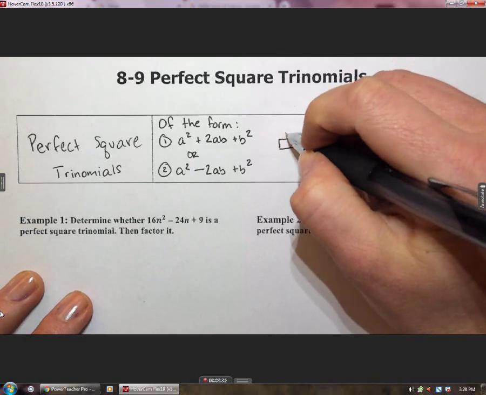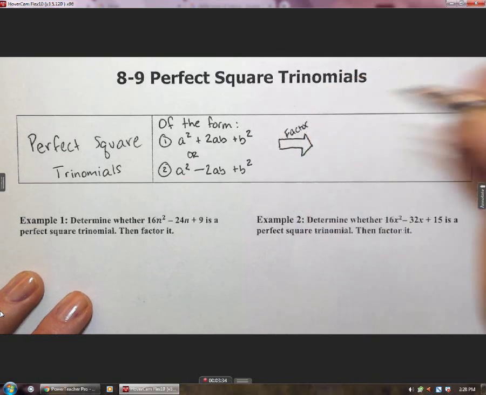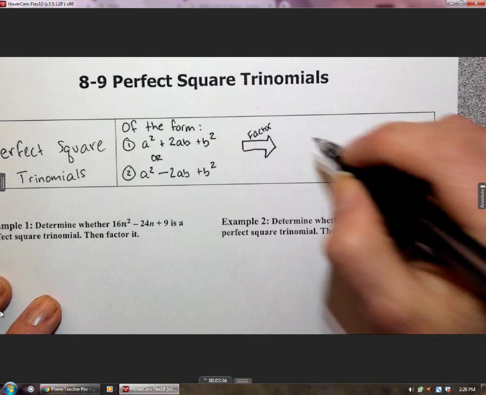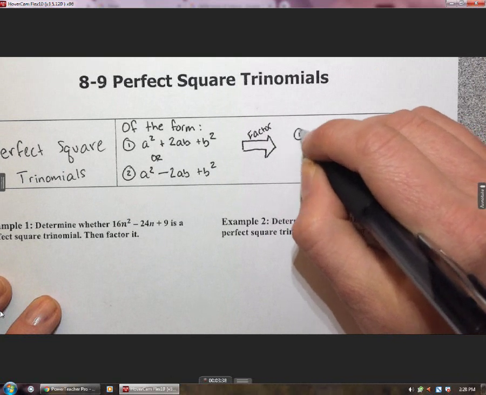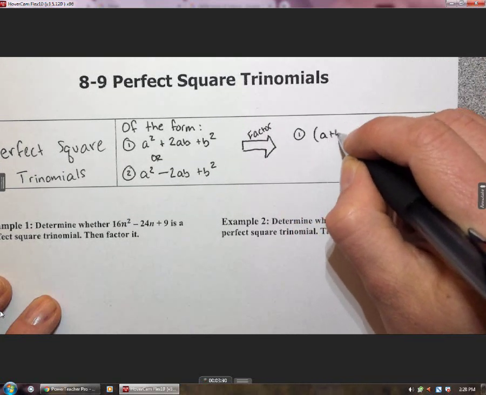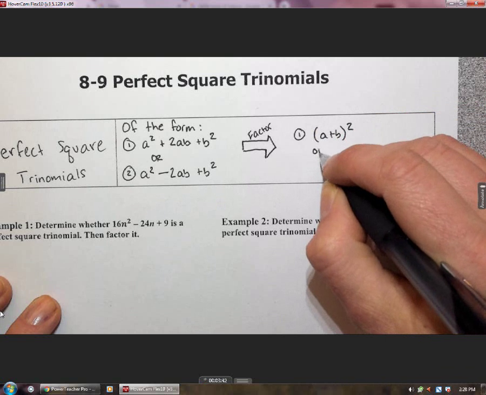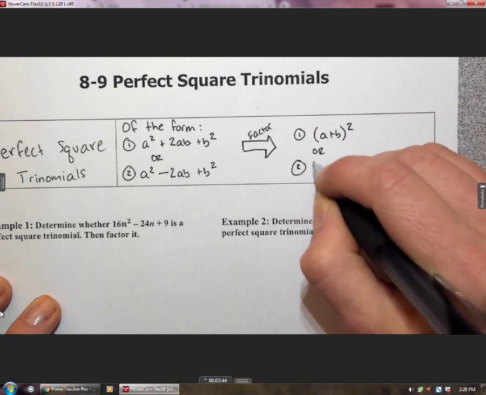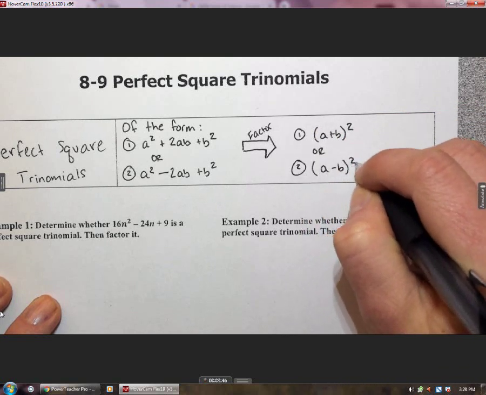These factor to become either (a plus b) squared or exactly (a minus b) squared.